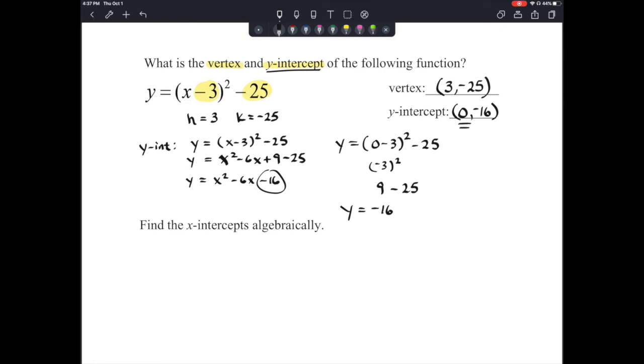So x-intercepts, remember, have y-coordinates of 0. So we know here that the y will be 0, and we're looking for what the x would be. Let's go ahead and plug in 0 for y and solve it. The first thing we need to do, since we're trying to get x by itself, is add 25 to each side.